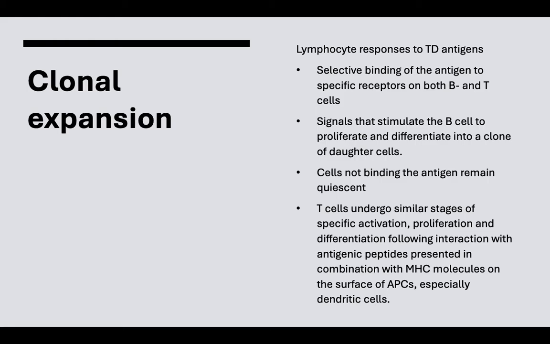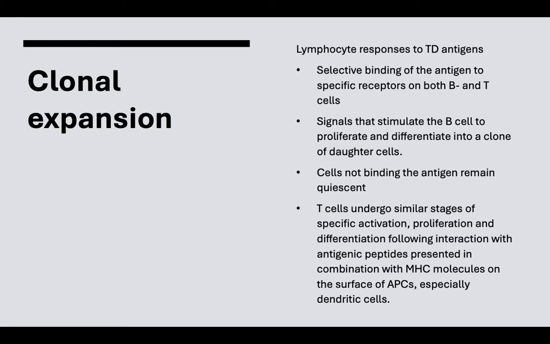So you expect that the receptors capable of recognizing the antigen will bind to that antigen, or the other way around, the antigen will be bound to these receptors. Once binding completes, that specific event will serve as a signal that will stimulate the B cell to proliferate and differentiate into a clone of daughter cells.